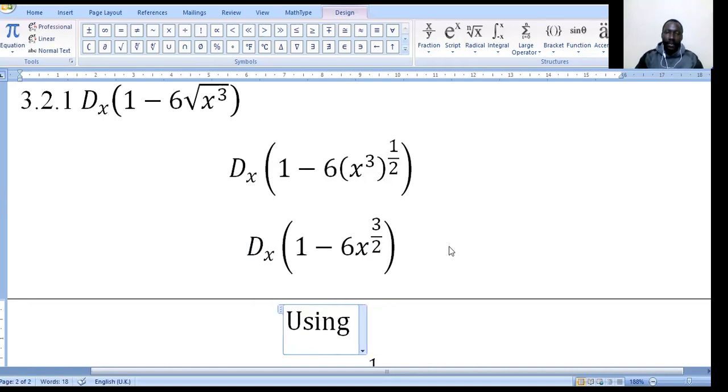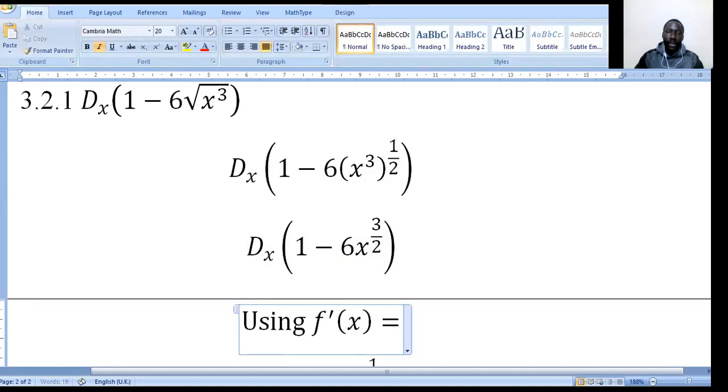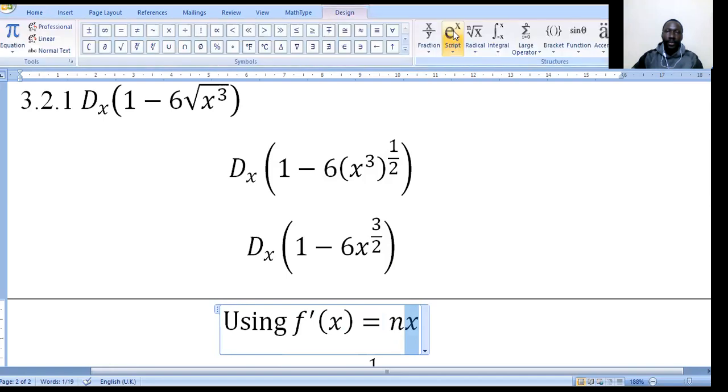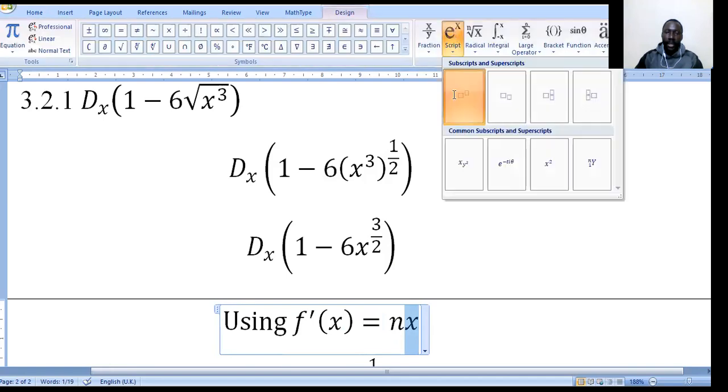Well, the formula is that the derivative of a function of x, just write like this, equals n x raised to n minus 1.